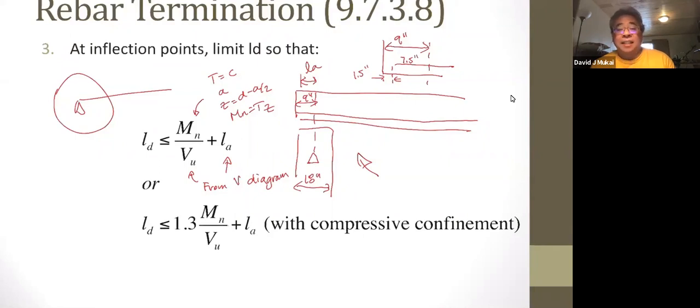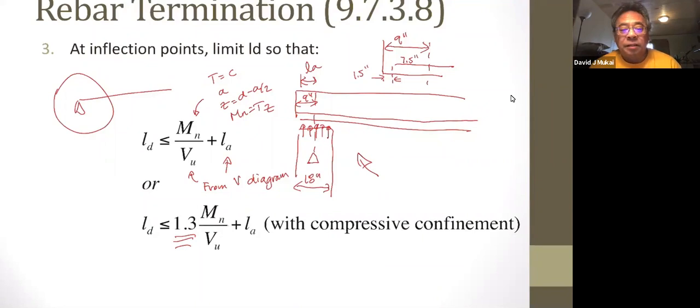The last thing is, what is this? If your beam is sitting on a support, you see how that support pushes up on the bottom of the beam. It's like putting friction on that bar. It gives it better development. It gives you more grip.